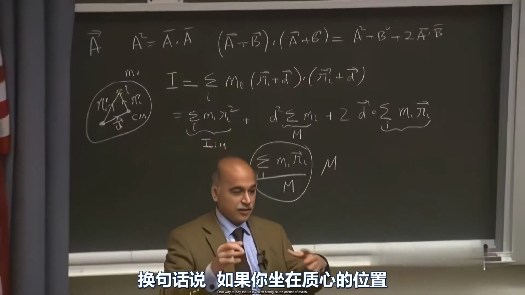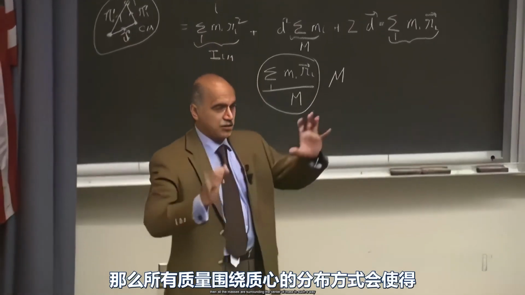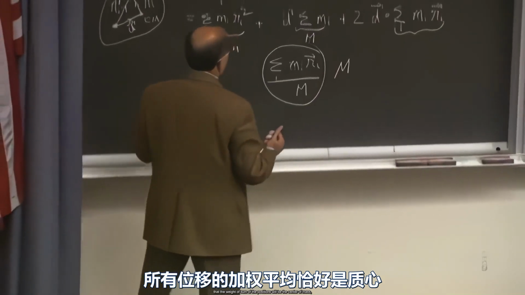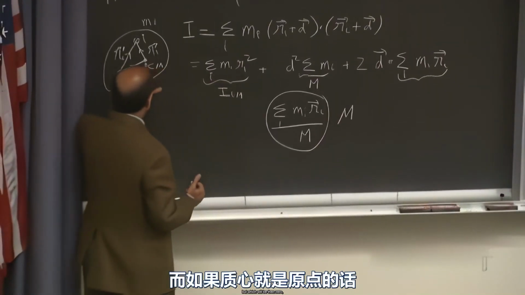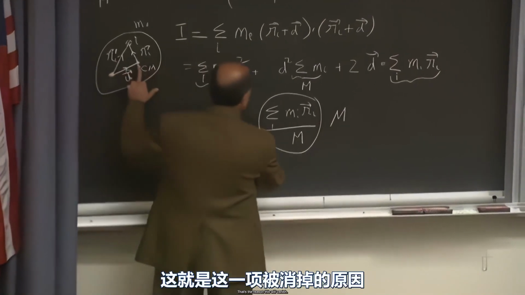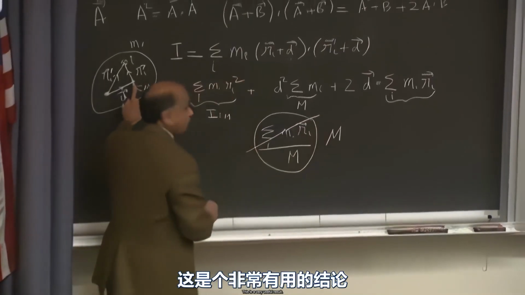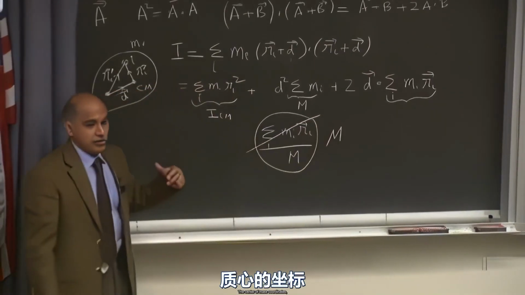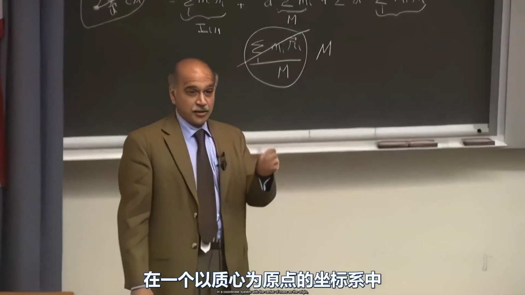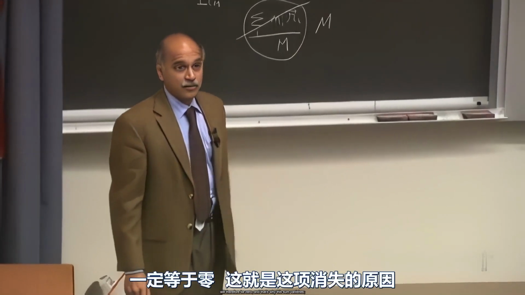One way to say that: if you're sitting at the center of mass, then all the masses are surrounding the center of mass in such a way that the weighted sum of their positions will be the center of mass, which will then be 0 if that's your origin of coordinates. That's the reason this will vanish. This is a very useful result. The center of mass coordinate in a coordinate system with the center of mass as the origin will therefore be 0.